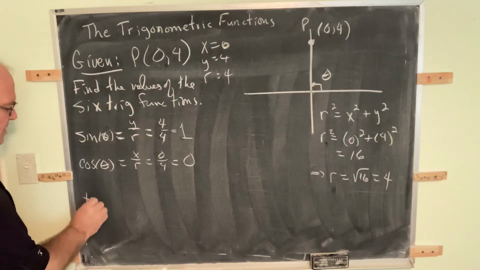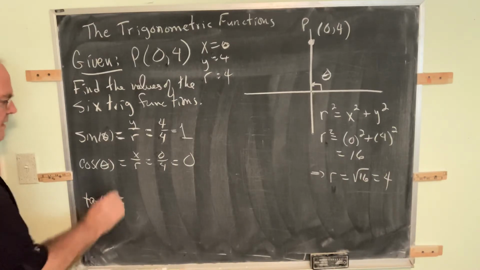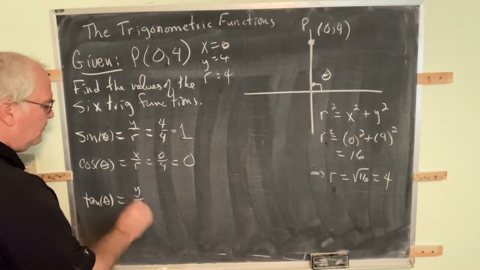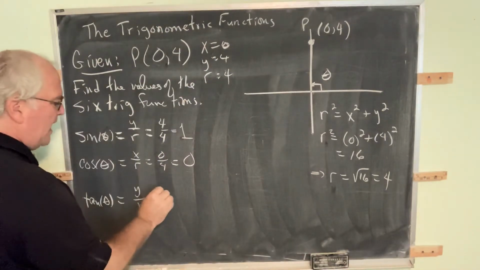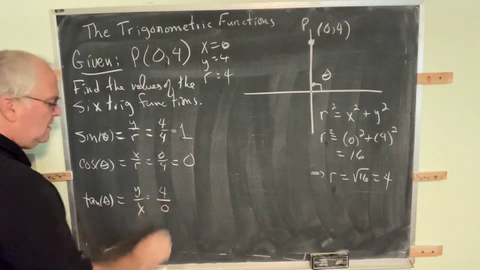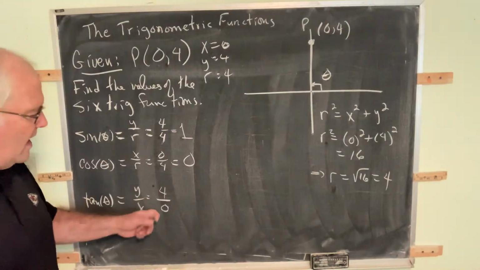And then we have tangent, and that's y over x. Y is 4, x is 0. Now watch what happens here. 4 divided by 0.